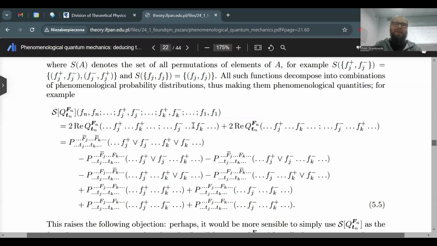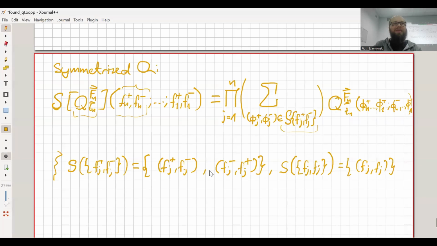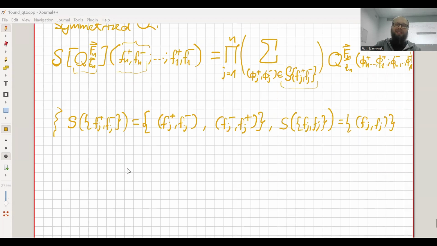And it also shows why you cannot express Q directly through combinations, because there are more symmetries than Qs possess. Okay. Additionally symmetrize it. Yeah. Just to show what you have to do to get a completely phenomenological quantity.